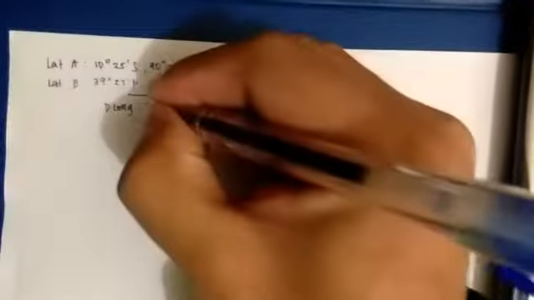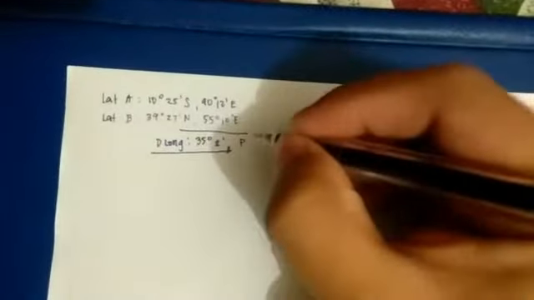So we will get 35 degrees and 2 minutes as our d long, or the value of P.